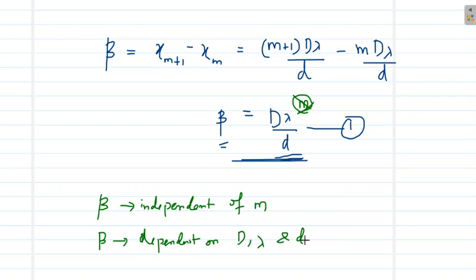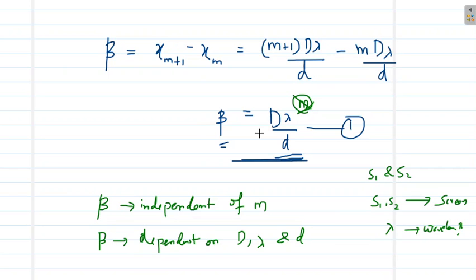Capital D is the distance between the screen and the slits. Small d is the separation between the slits S1 and S2. And lambda is the wavelength of the light used. So these are the factors that determine the fringe width beta.